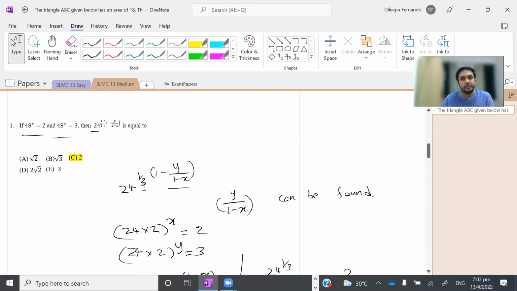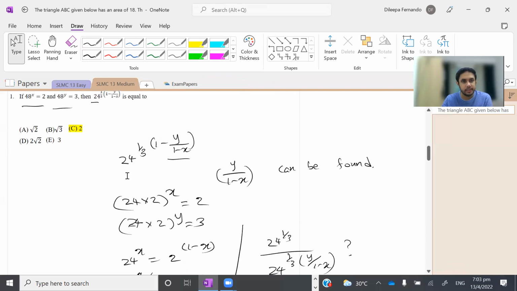You can see how we approached. So we observed that the answer is independent of x and y, and we were trying to find the y over 1 minus x, and we used the given equations.